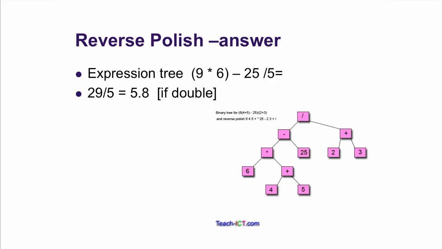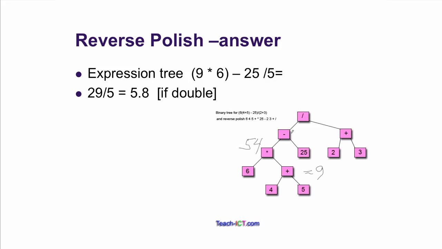So we have the expression tree here to evaluate, and we start at the bottom with the operation plus, and we see 4 plus 5, and that's going to be equal to 9. And then we have a multiply, and the multiply is 6 times 9, and that's going to be 54.